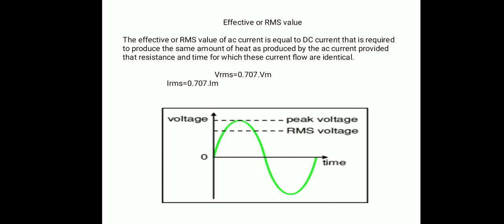So due to the flow of that 7.7 ampere for the same time, for the same amount of water, it gives the same amount of heat and the same temperature in 1 hour. Then that 7.7 ampere of current is equivalent to 10 ampere of AC current.